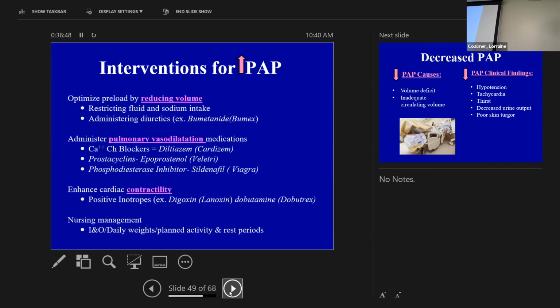Yep. So administer pulmonary vasodilation medications, Viagra's there. Veletri is another one, and Russ gives that through the ventilator. And then Cardizem, which I haven't specifically given for pulmonary hypertension, but I've given it. But they're saying that Cardizem can do it as well. If they have a failing heart, we're going to give a positive inotrope, IV or PO, but the digoxin is a pain because you have to load them.